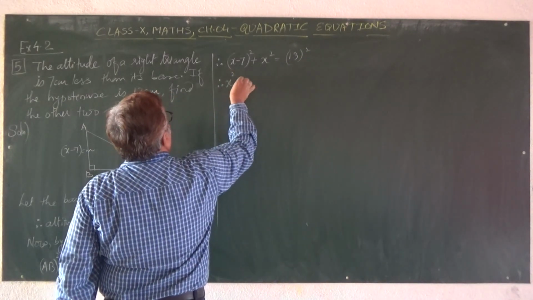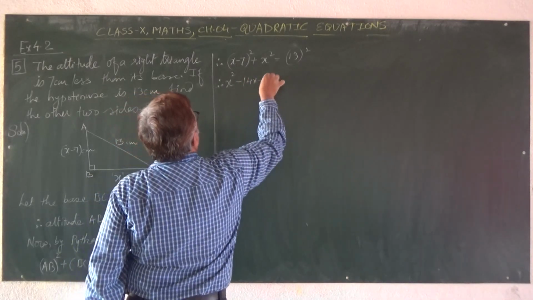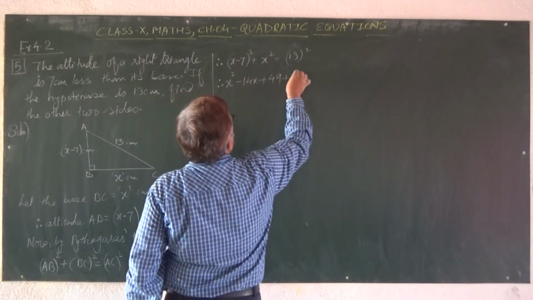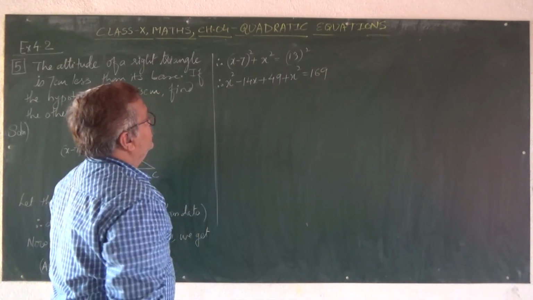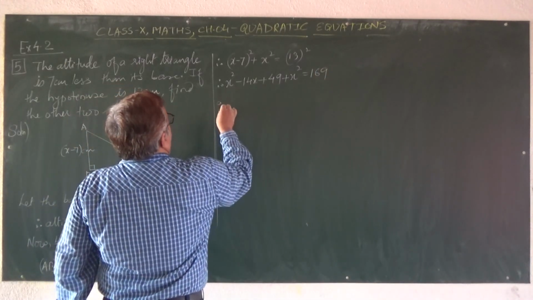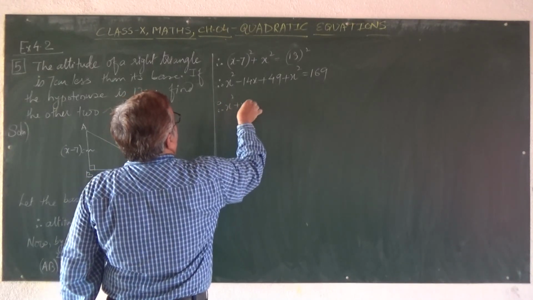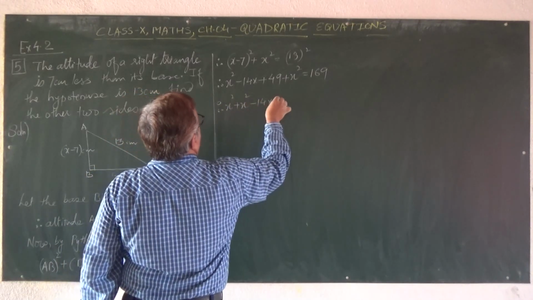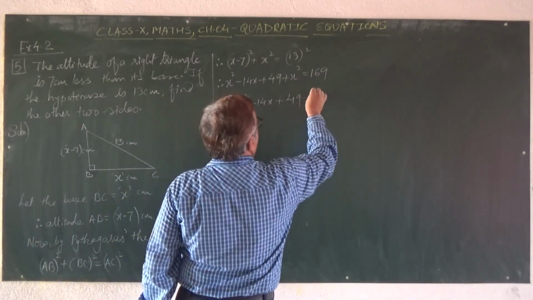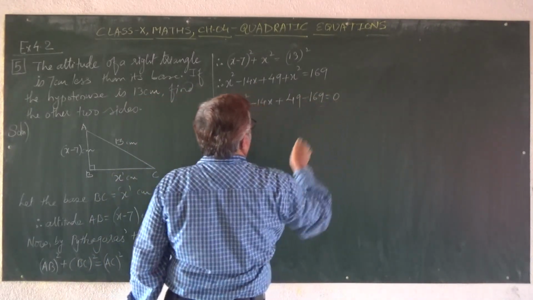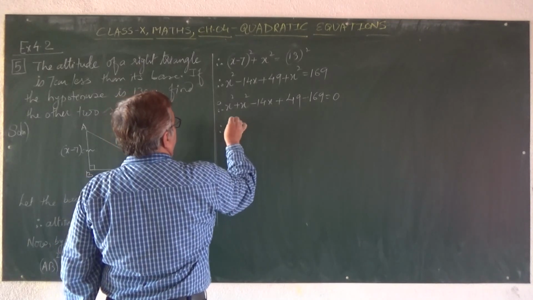So x square minus 14x plus 49 plus x square is equal to 169, square of 13. So x square plus x square minus 14x plus 49, take 169 this side, so minus 169 is equal to 0.